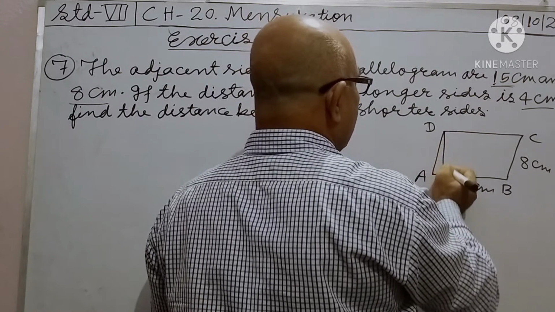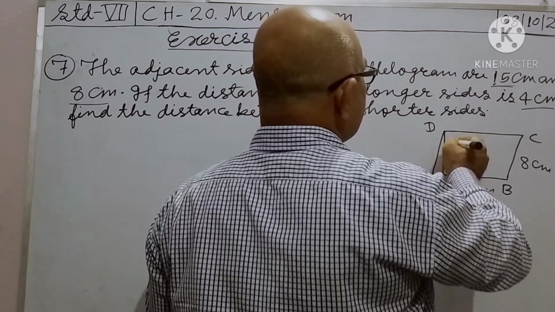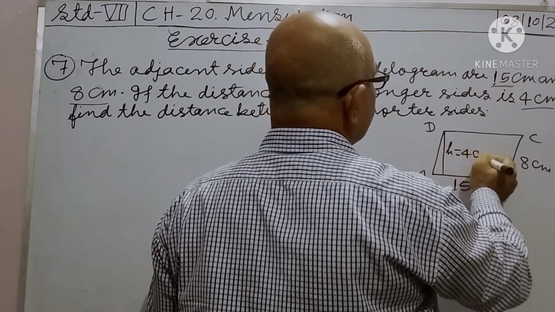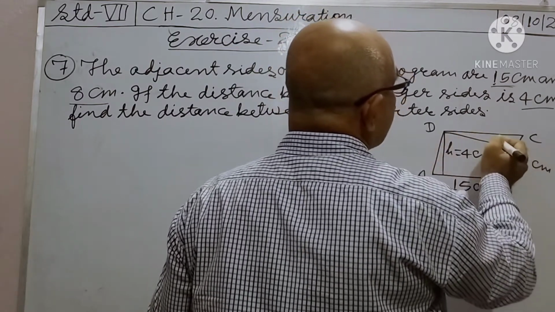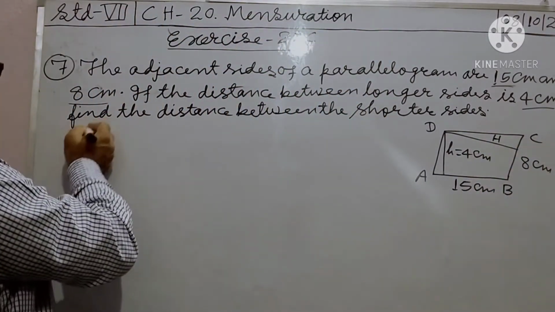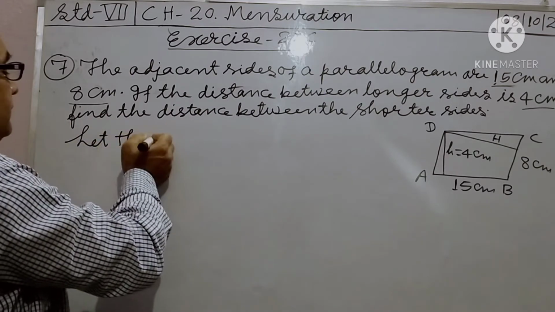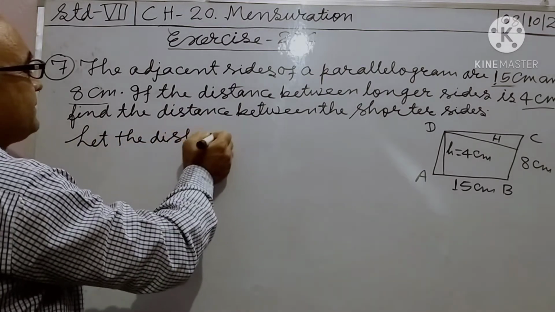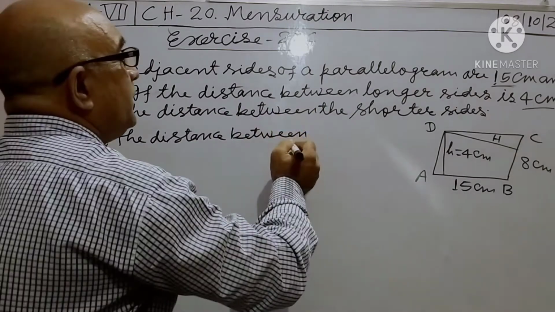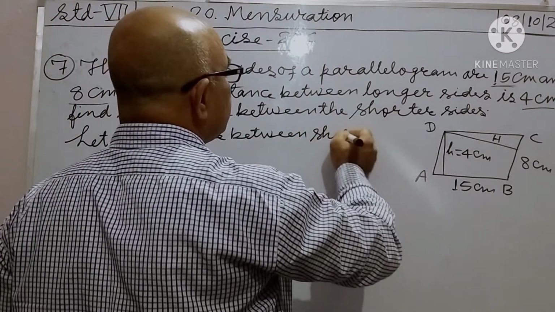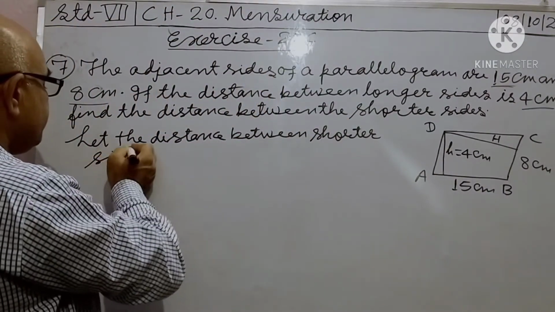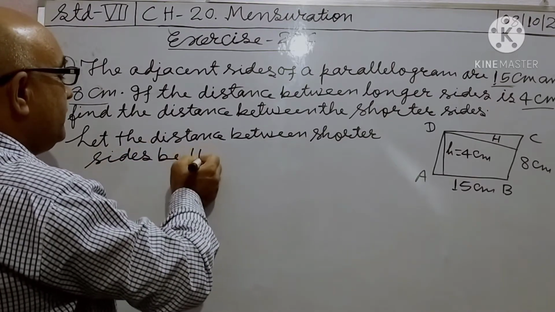Distance between longer sides, h, equal to 4 cm, and let the distance between shorter sides be capital H.